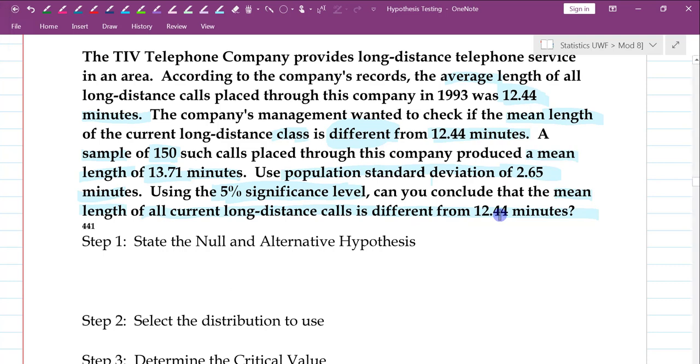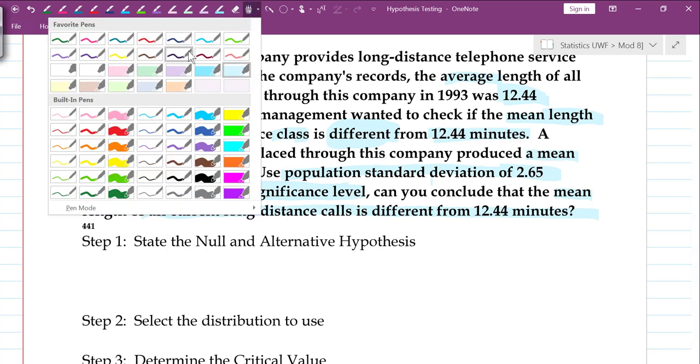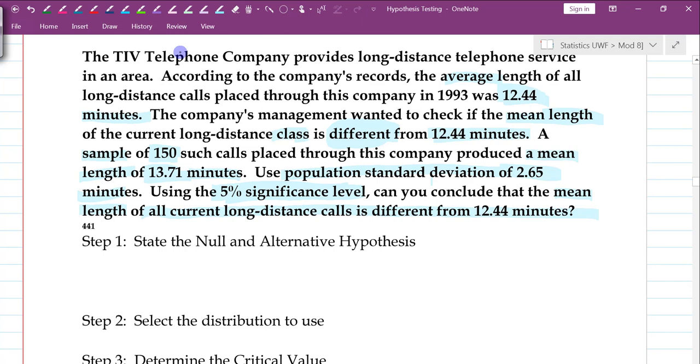Okay, so here we go. Let's write down everything that we also learned as we went through and read everything. It says that mu is 12.44. We know that a sample was taken where n equals 150. We found that in that 150, x bar is equal to 13.71 minutes.